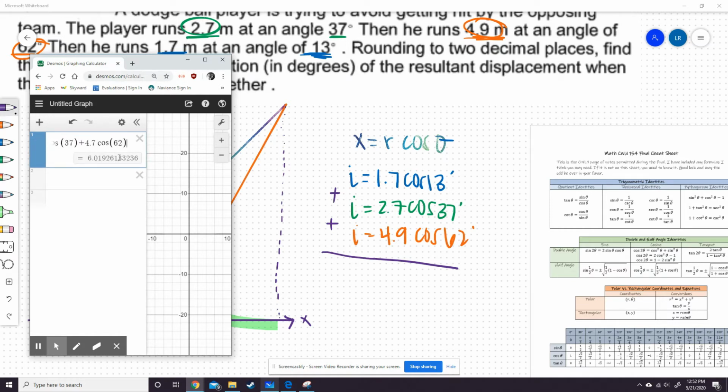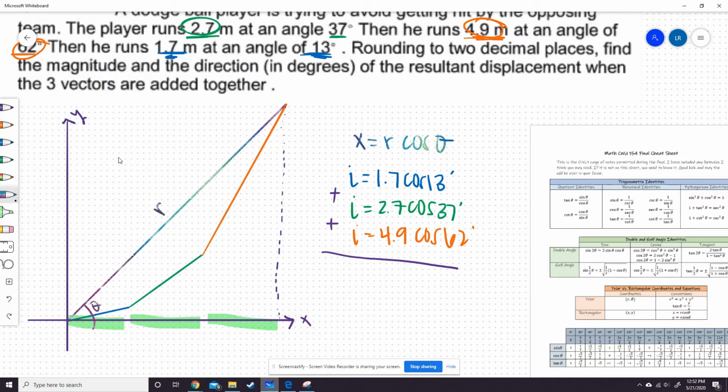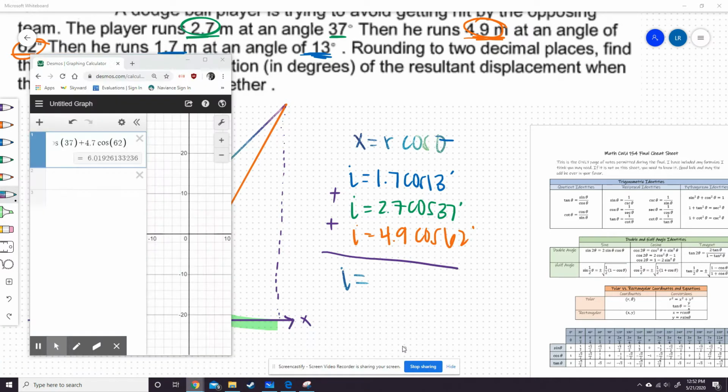So our total horizontal component for our new galaxy line, i, is going to be 6.019.